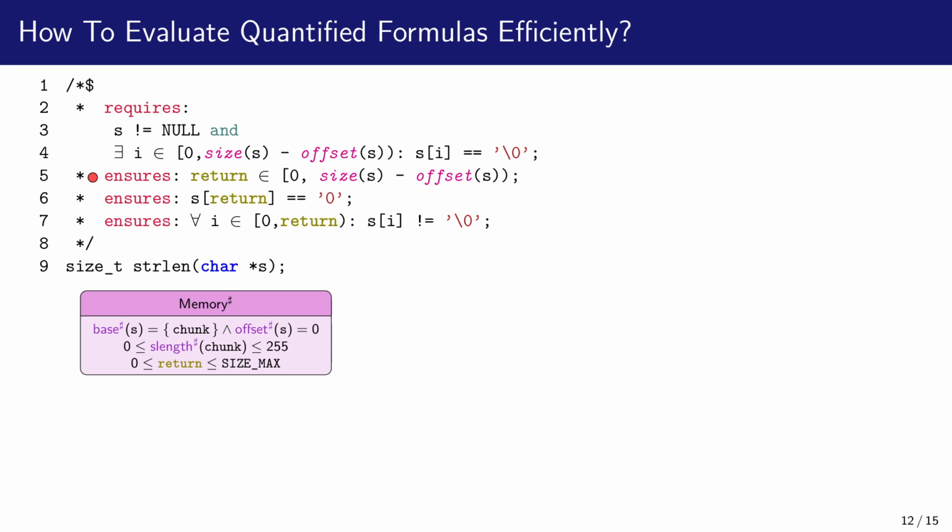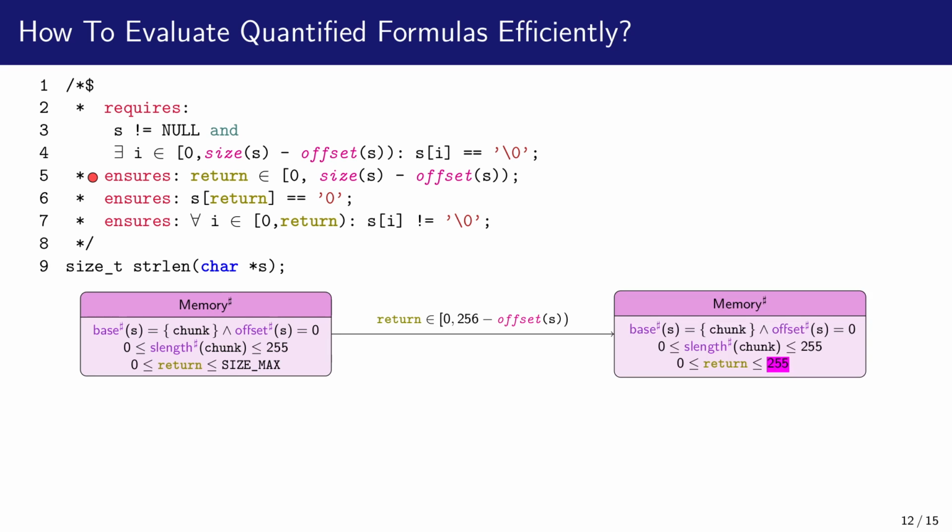Now let's move on to the next statement, which is a simple buffer. So it just refines the value of the return variable. So it's bounded now by 255.